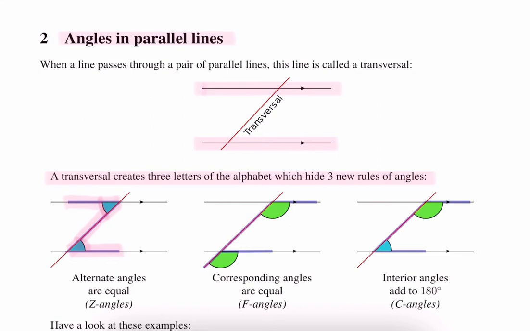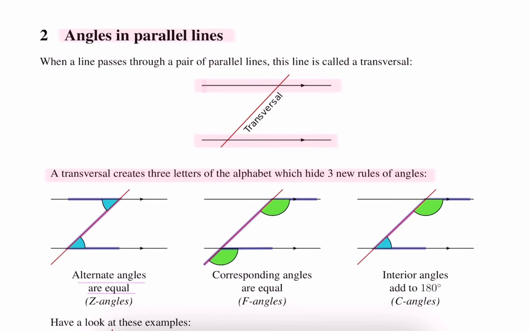And as you can see, the alternate angles are equal in measure. So if you have this angle measure 70, you should know that this angle also will be 70.